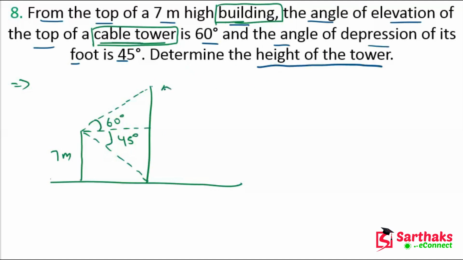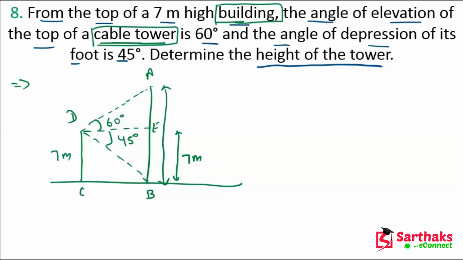So now we have to determine this value. Let's suppose this is A, B, C, D and E. Now we know that DC equals EB, which equals 7 meter. So we have to find just AE, my dear friends.